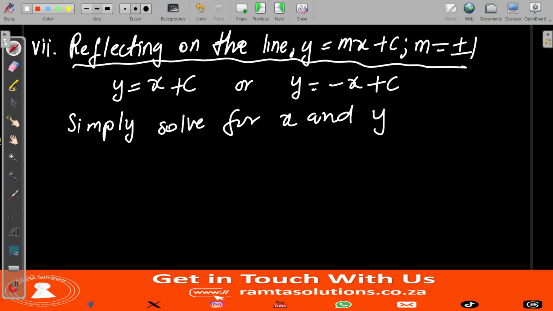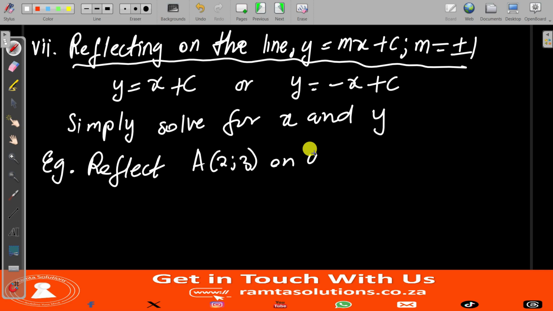All right. Example. Reflect A with coordinates 2 and 3 on y equals negative x minus 1, whichever you choose. So in our solution, this is what we're going to do.